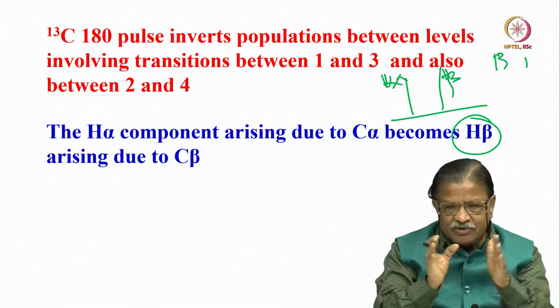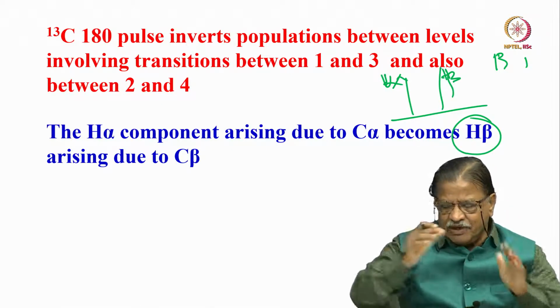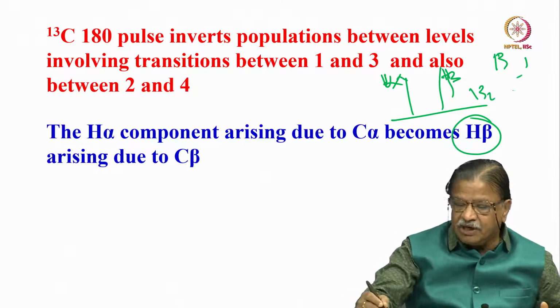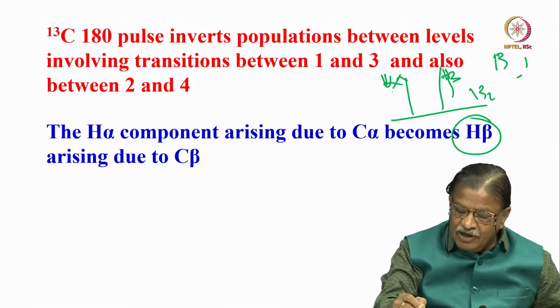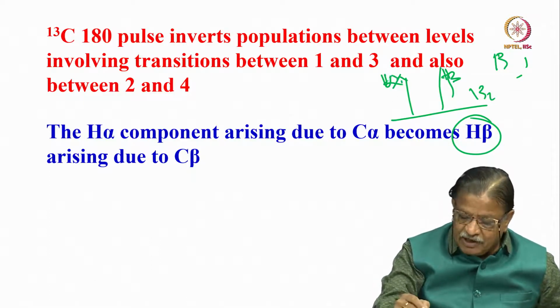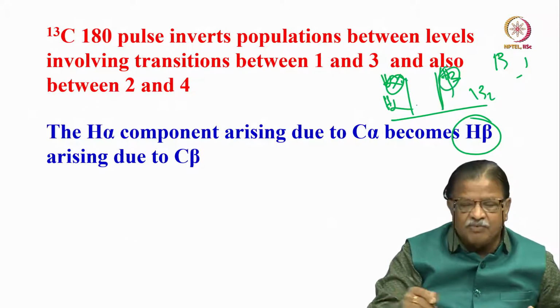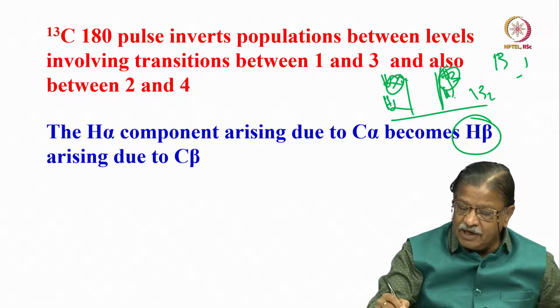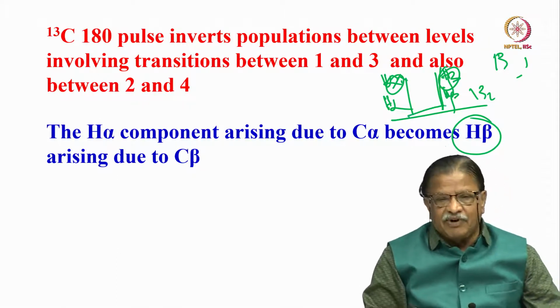Why does the doublet come? We have already discussed the J coupling a lot. The doublet comes because carbon 13 sees the proton in two spin states, alpha and beta. So one of the components of the doublet corresponds to the proton in the alpha state, which I will call H alpha. The other sees the proton in the beta state, which I will call H beta. Corresponding to the H alpha and H beta states, I get a doublet for carbon 13.